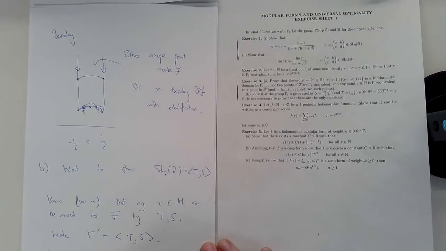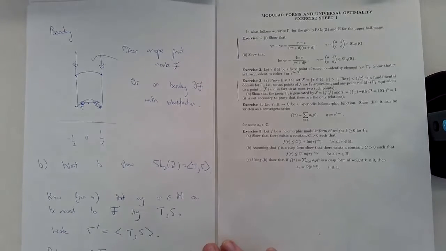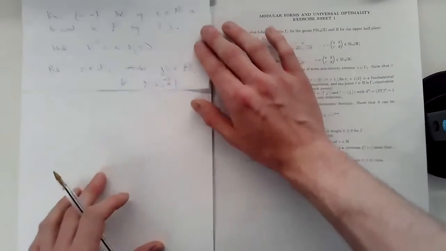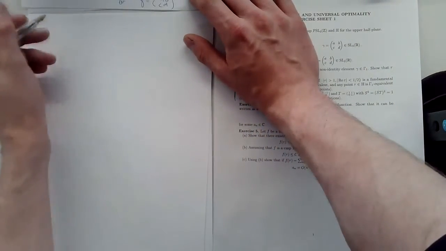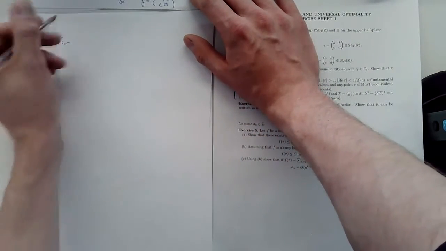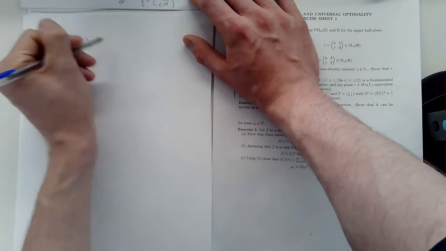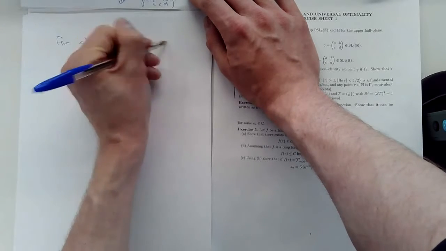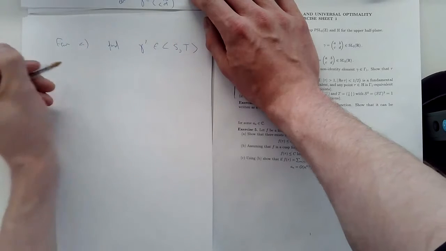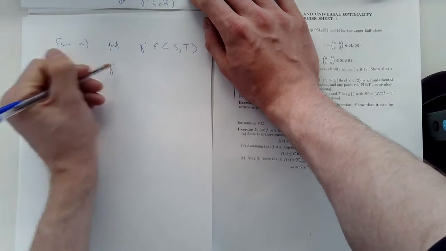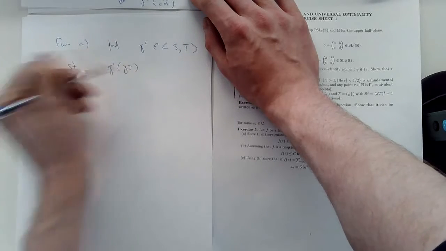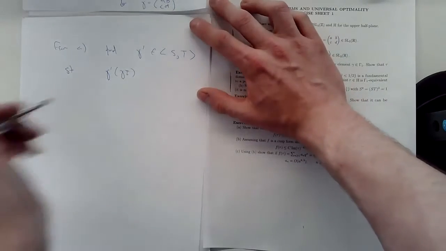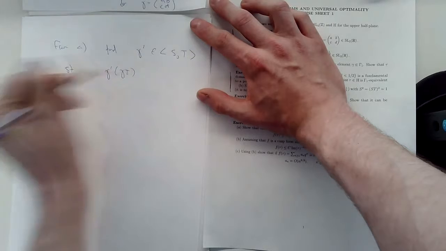So gamma is just any arbitrary matrix (A B; C D) in SL2Z. From part A, we know that we can find gamma prime in this subgroup generated by S and T, such that gamma prime maps this point gamma of tau back into the fundamental domain.